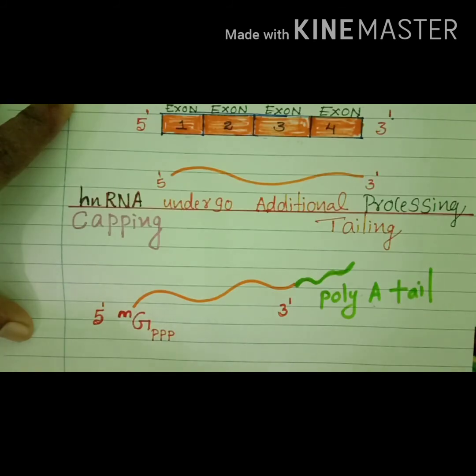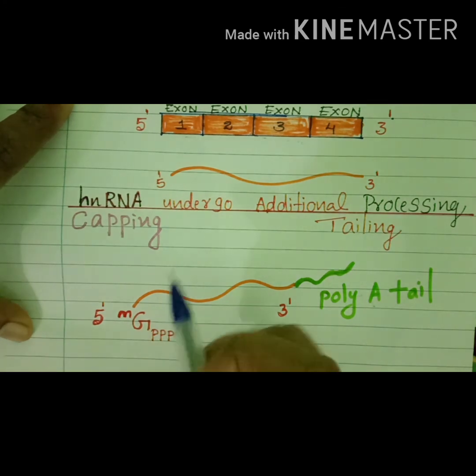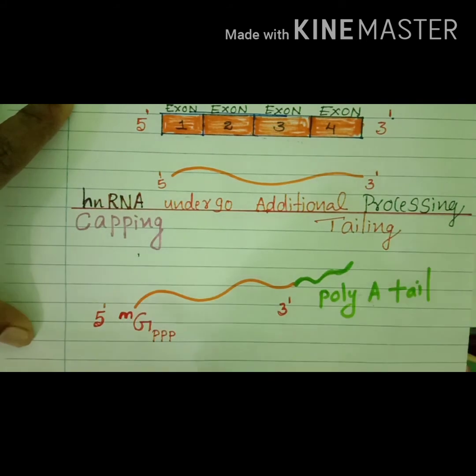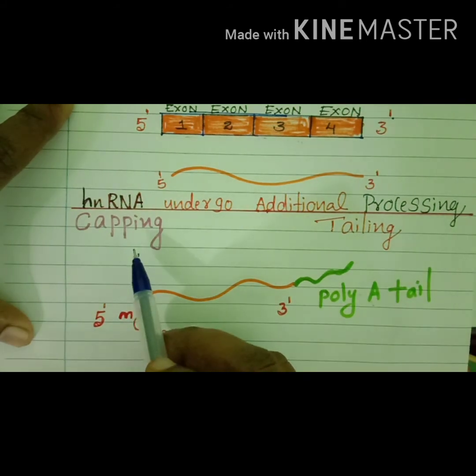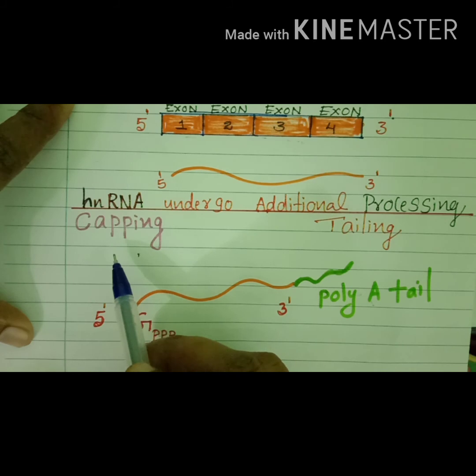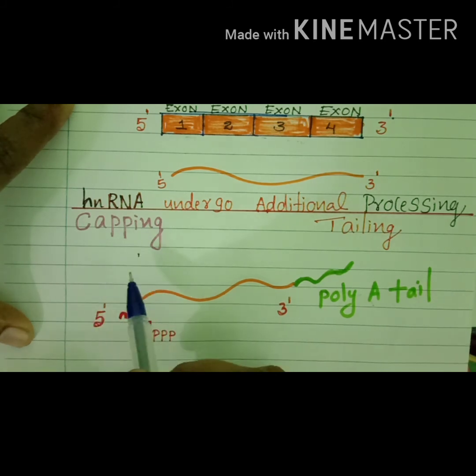If hnRNA is formed through transcription, it will undergo 2 more processing steps. All the RNA will undergo splicing, but hnRNA will undergo 2 additional processing steps. They are capping and tailing. What do you mean by capping? Here we can see a cap is placed, isn't it? So the cap should be placed on the head portion, which is the 5' end.